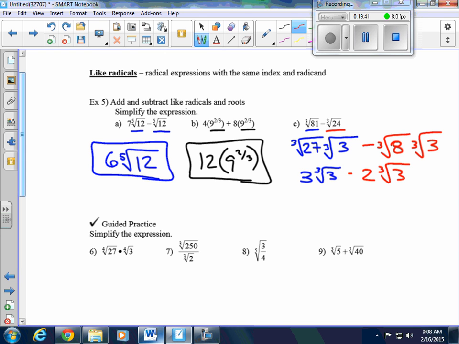And we have 3rd roots of 3. Now notice these are now the same. So I have 3 of those minus 2 of those, which gives me 1 3rd root of 3. And you don't need the 1 in the front if you don't want to, but that is our answer in that case.